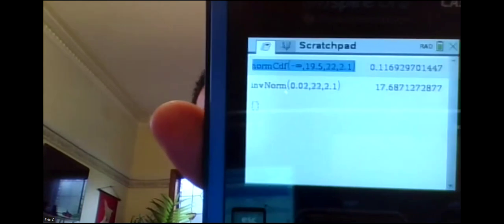What you could technically do is copy the first norm CDF and paste it there if you want to save a bit of time. Then the first parameter, you could update that to 22. The next parameter is the upper bound, which we'll use as infinity.